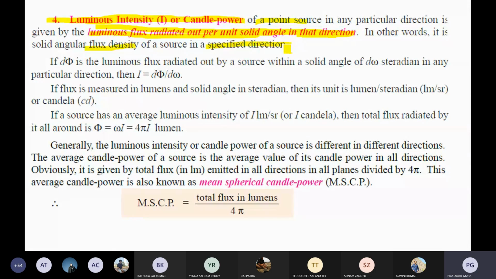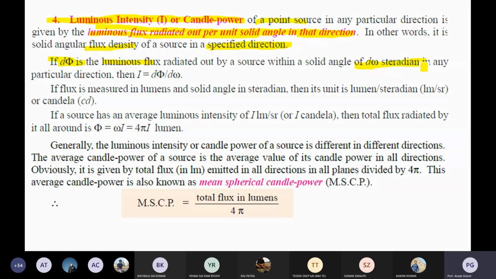So if d phi is the change of luminous flux radiated out of the source within the solid angle d omega steradian in any particular direction, then I equals what? d phi by d omega.